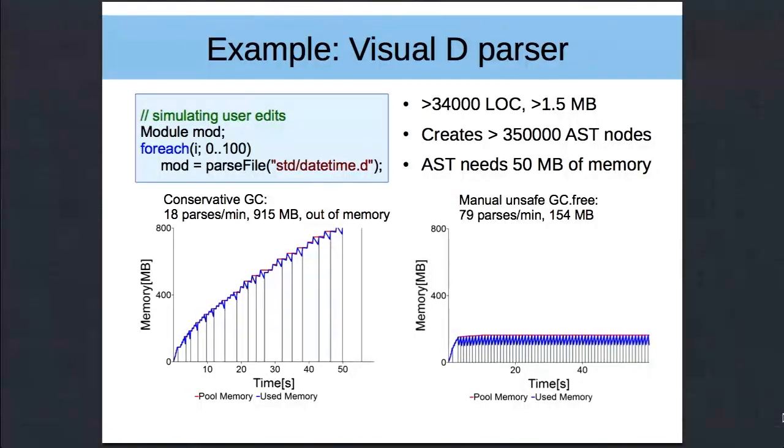The black lines show when one pass has been finished. And what you see here is that memory increases continuously until it runs out of memory. After 60 seconds, we only have 18 passes because most of the time is eaten by the garbage collection.